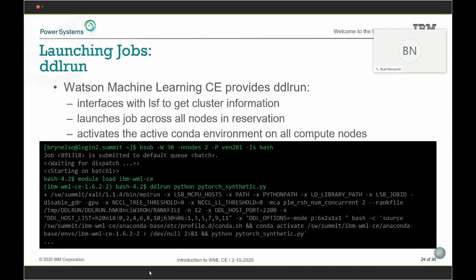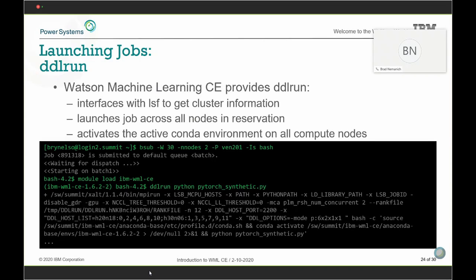So here in this example, we have an interactive session where we run on 2 nodes. You see there we're doing the module load IBM WML-CE. That loads up the module and puts us in the base Conda environment. And then once we're there, we can just DDL run the synthetic PyTorch example.